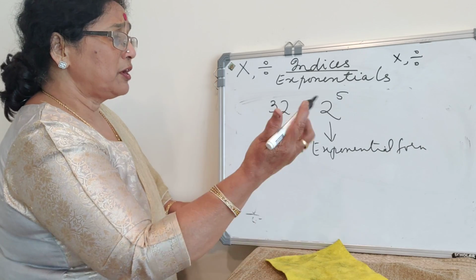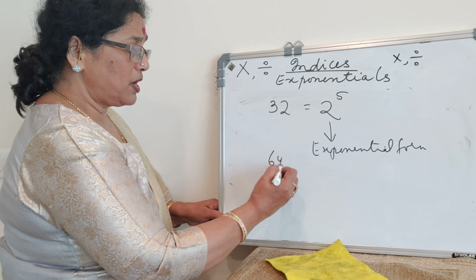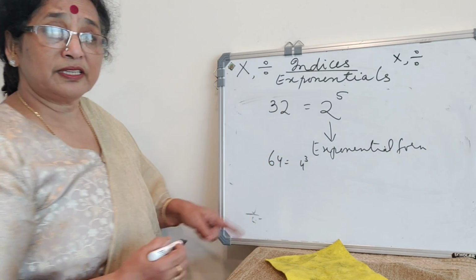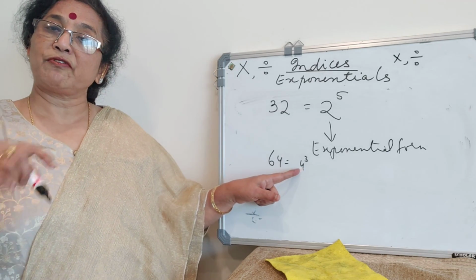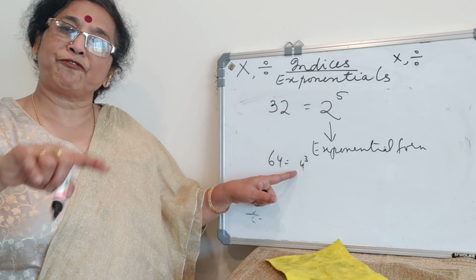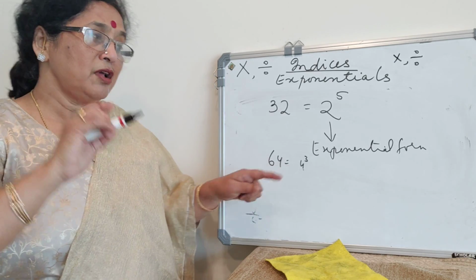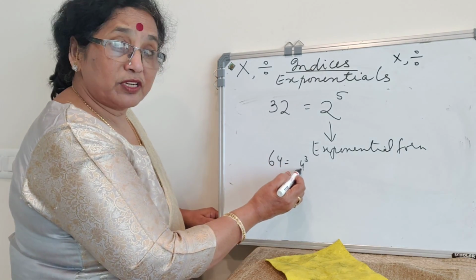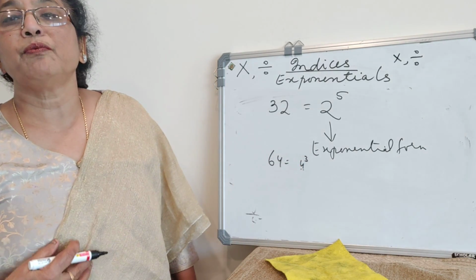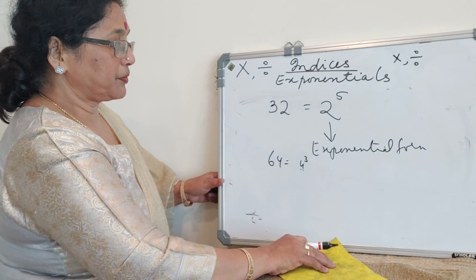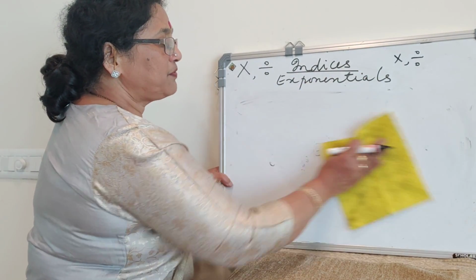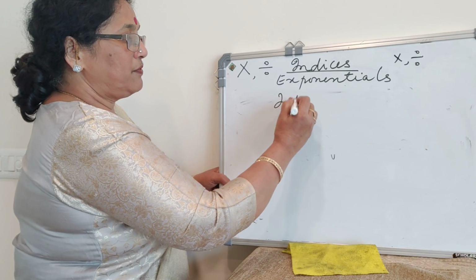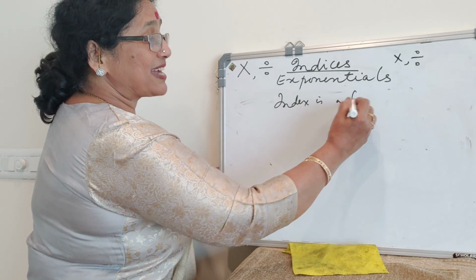For example, 64, I write 4 cube. This is exponential form. If you have a base and an index, that form is called exponential form. 4 is the base, 3 is the power, which is also the index. Now what happens if the index is a fraction?